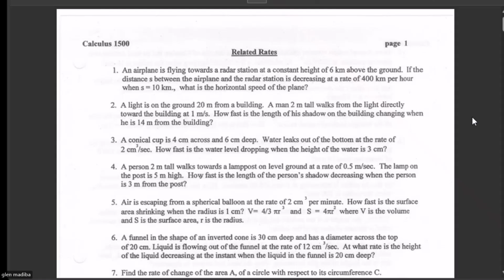They tell us that's the rate at which the distance between the airplane and the radar station is decreasing. So from the fact that this is a rate, I'm assuming we're working with the derivative, which is 400 kilometers per hour. But now they're asking us for the horizontal speed of the plane.